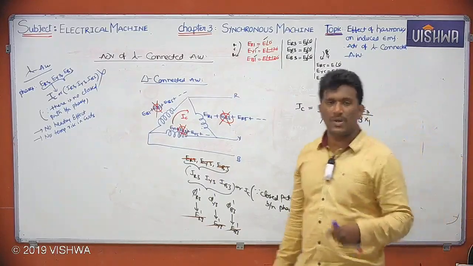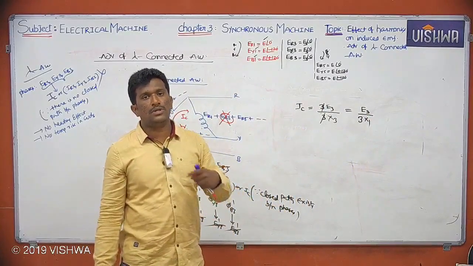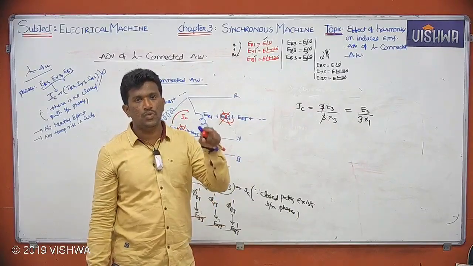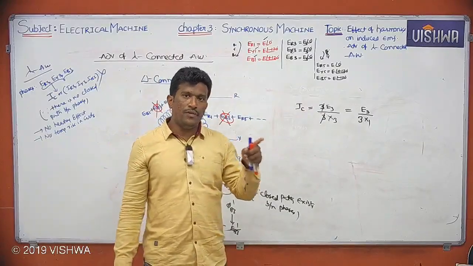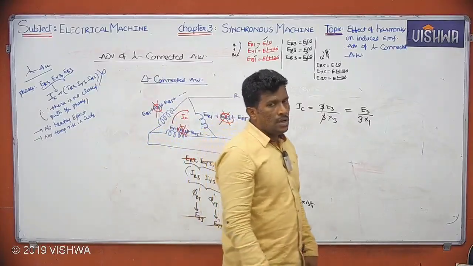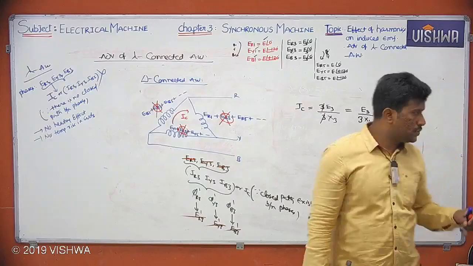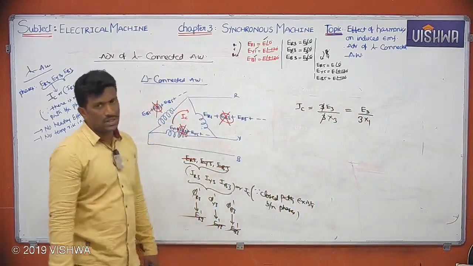The reactance means 2 pi F L, and for harmonics F becomes 3F. So X3 is 3 times X1. Now IC equals E3 by 3X1. This is the circulating current due to third harmonic.